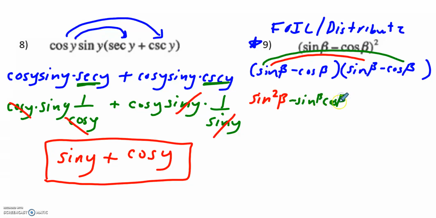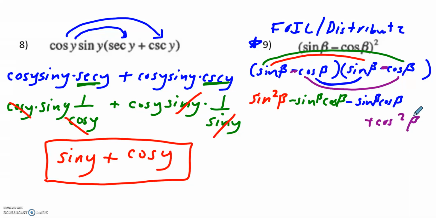I said b before, but technically this is a beta. If I multiply these two, that's another negative sine beta cosine beta. And then finally, a negative cosine beta times another negative cosine beta, negative times negative, gives me a positive cosine squared beta. So please be careful here.